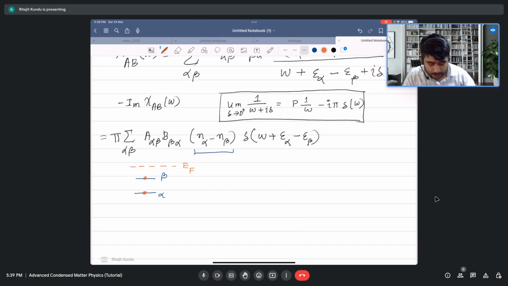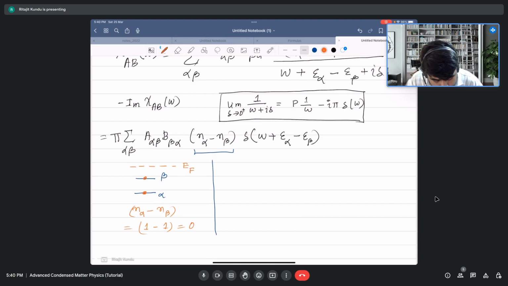So then if for such a scenario we calculate this n alpha minus n beta, for both of these cases, this is 1 minus 1, so this becomes 0. It actually effectively gives you the Pauli principle back. It tells you that you cannot do transitions from a state alpha to beta if both states are filled. So this is one scenario. The other scenario that one can possibly have is the following.